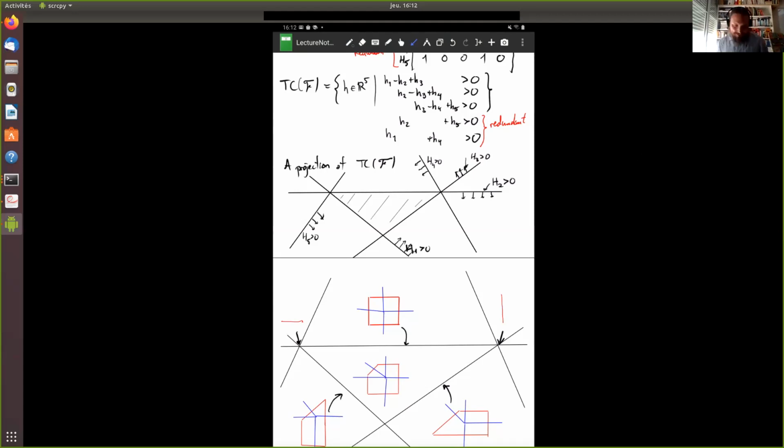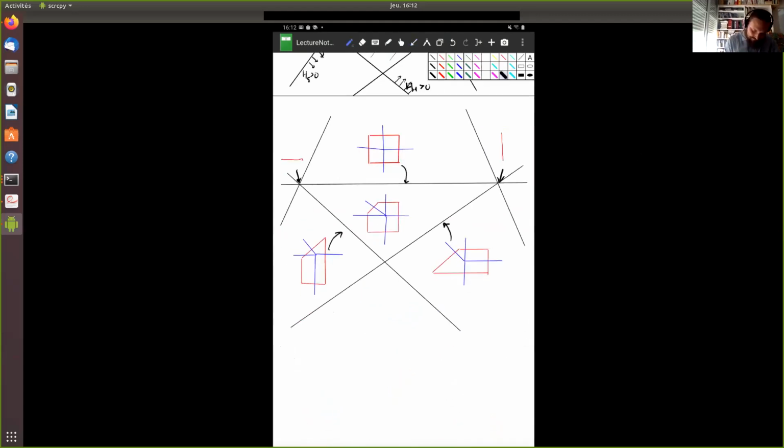So this is the first theorem of this talk, theorem 1.